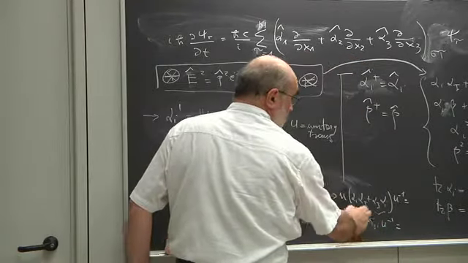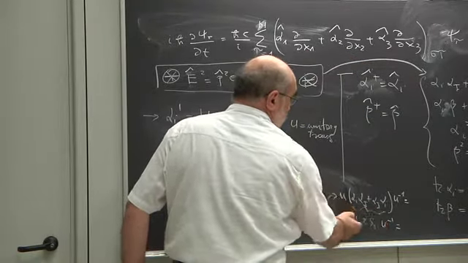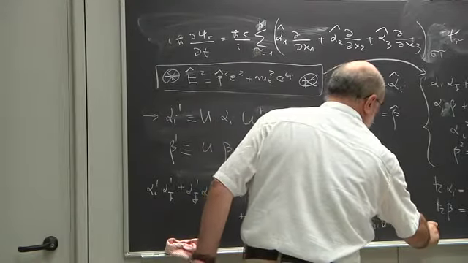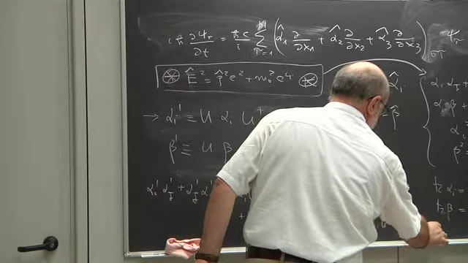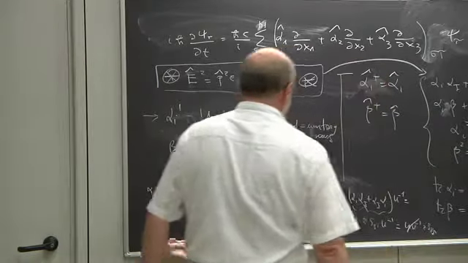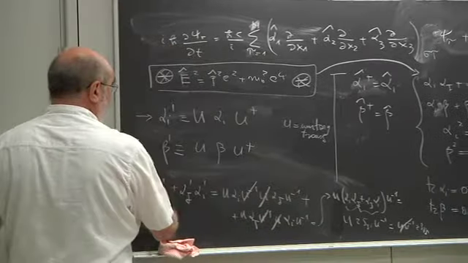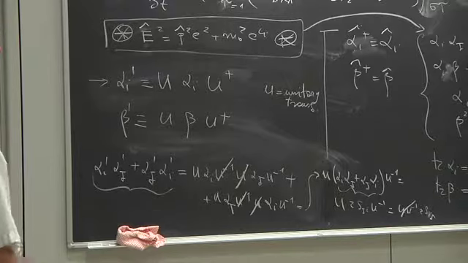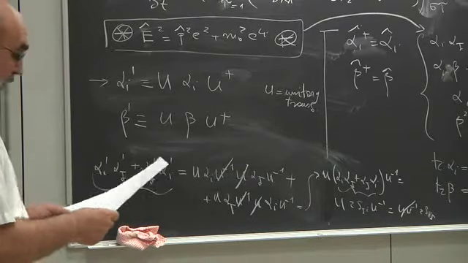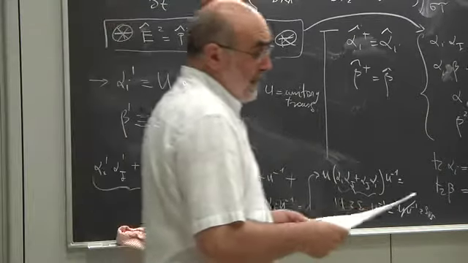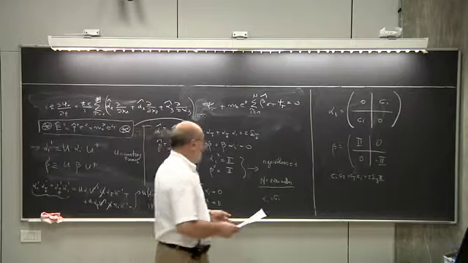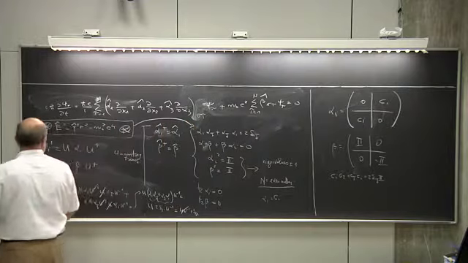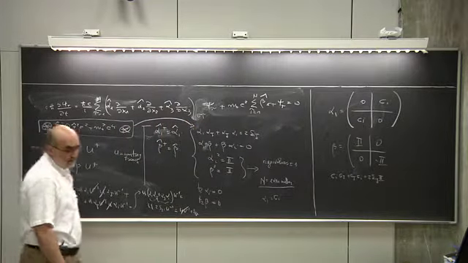Well, this is just a number, this 2 delta, so the U can pass through, and we have U^-1 U times 2 delta_ij, and this goes away. So that means the alpha prime also satisfy the same anticommutation relation, and it's easy to do for all the others. You can do it as a simple exercise. It's not homework because it's too simple. Check that the others are also satisfied. So you can do a unitary transformation and nothing changes.